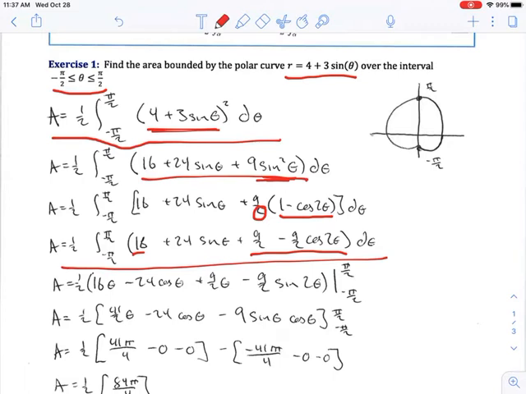The antiderivative of 16 is 16 theta. The antiderivative of 24 sine of theta is negative 24 cosine of theta. The antiderivative of 9/2 is 9/2 theta. The antiderivative of negative 9/2 cosine of 2 theta is negative 9/4 sine of 2 theta.